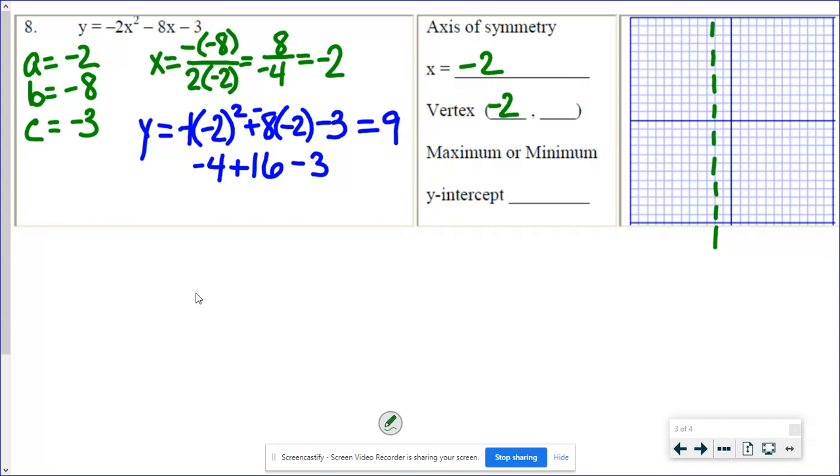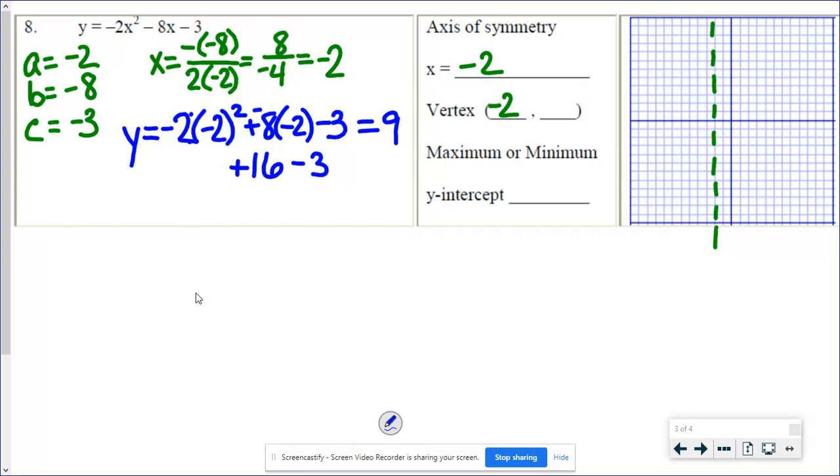I made a mistake. I have to go back and fix something, everybody. Sorry about this. The A was a negative 2, and I just put the negative, and I didn't put the 2 there. Sorry. Let me speed through this. There we go.